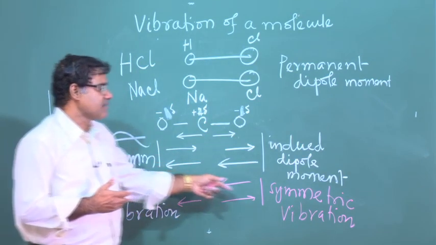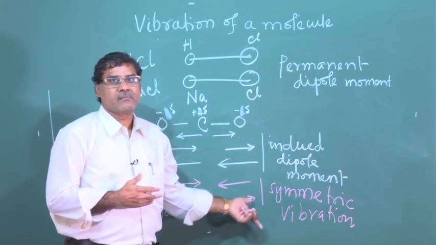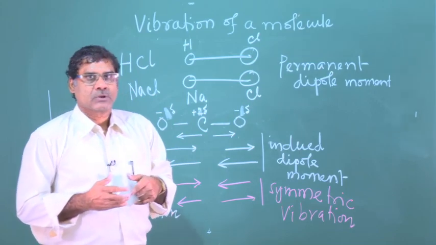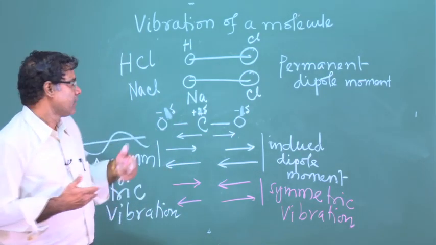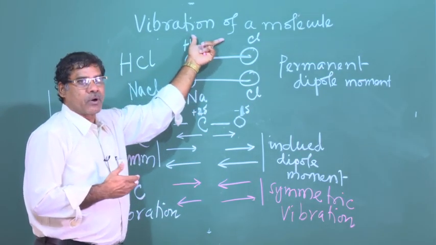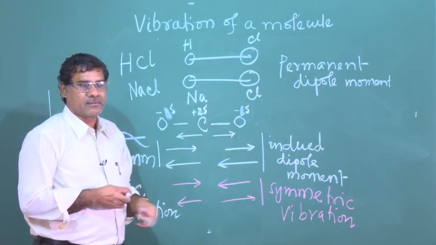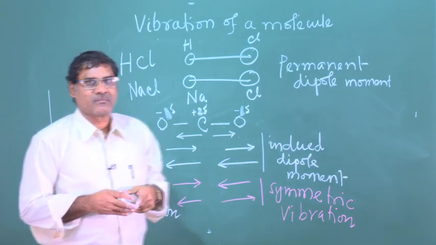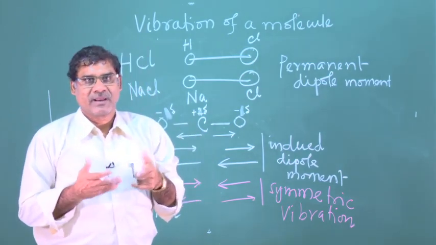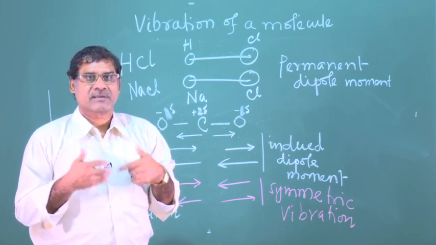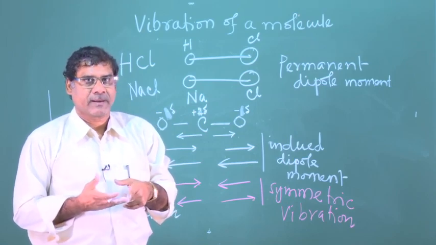If they have symmetric vibration, then it will not be an infrared active molecule. Okay. So, from infrared spectroscopy or vibrational spectroscopy, one can tell about the vibration of the molecules, whether the molecule is vibrating symmetrically or asymmetrically. Okay.